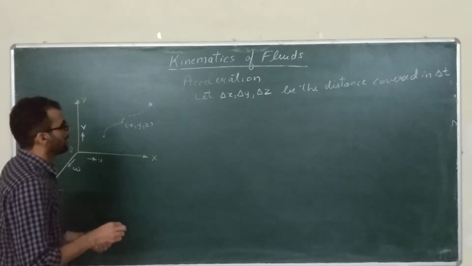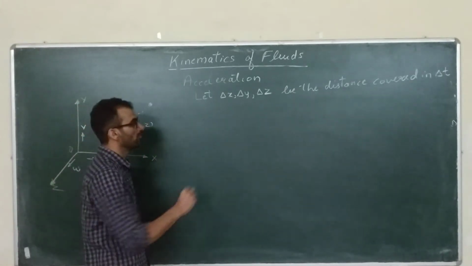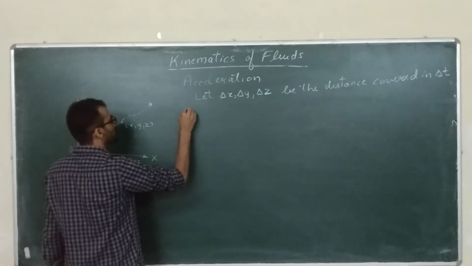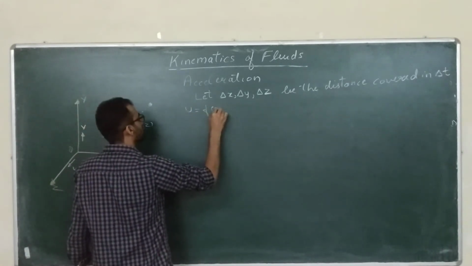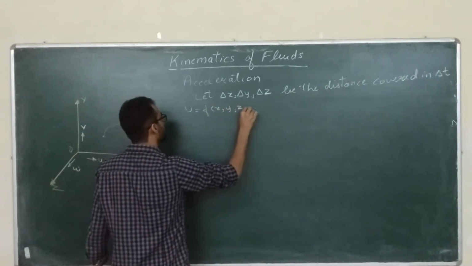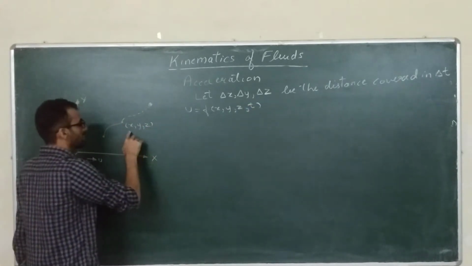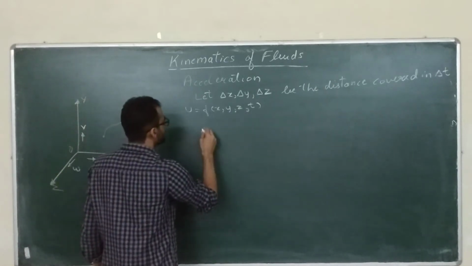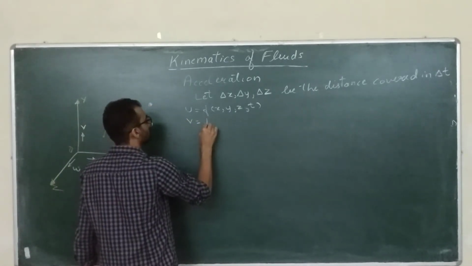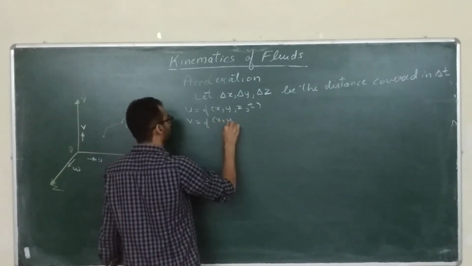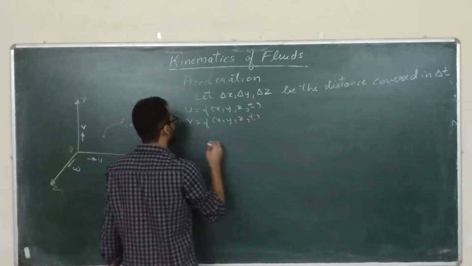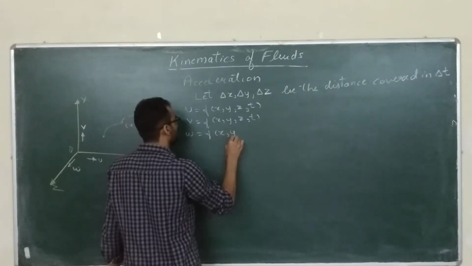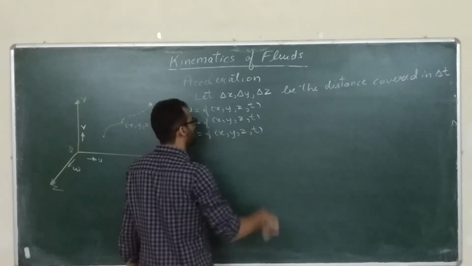Now in this small time delta t, how can we write u, v and w? We know that u is a function of x, y, z and t, so it is a function of spatial coordinates and time. Similarly v is also a function of x, y, z and t, and w is also a function of x, y, z and t.